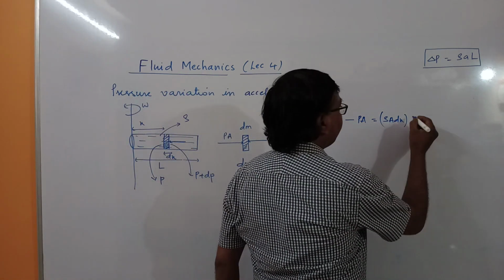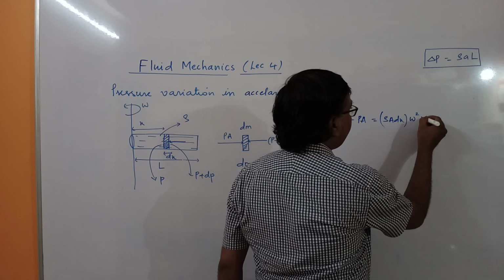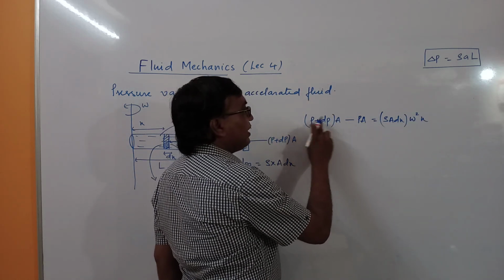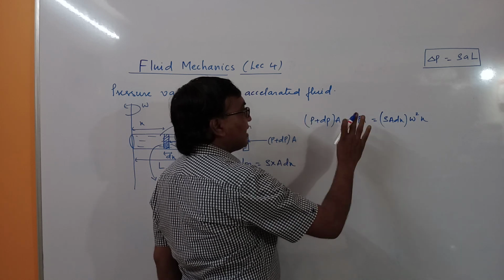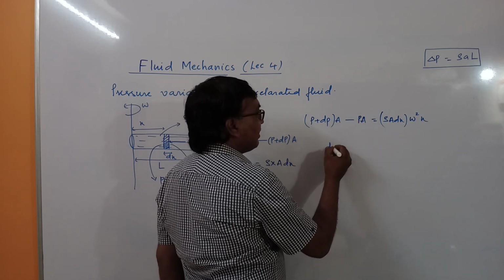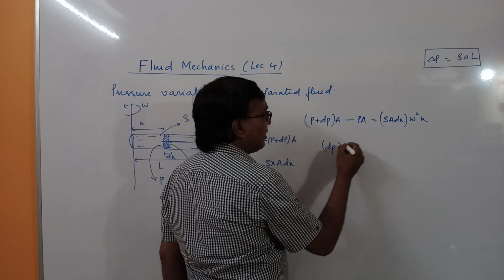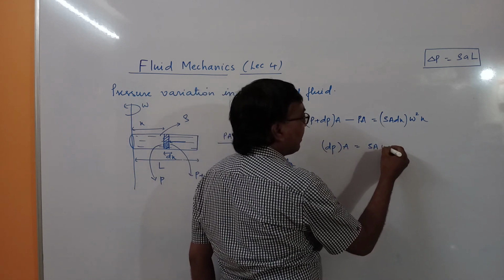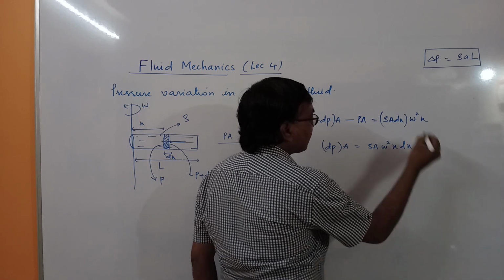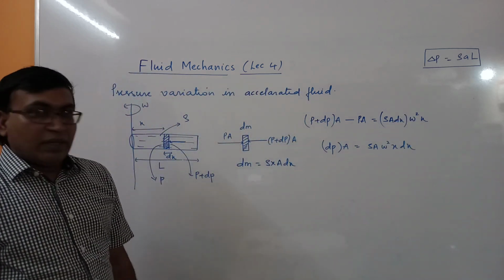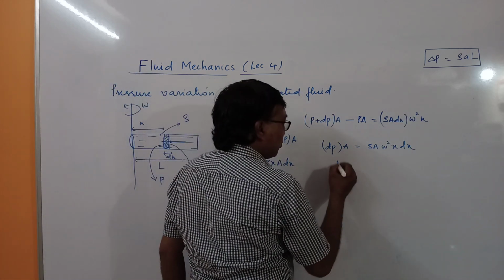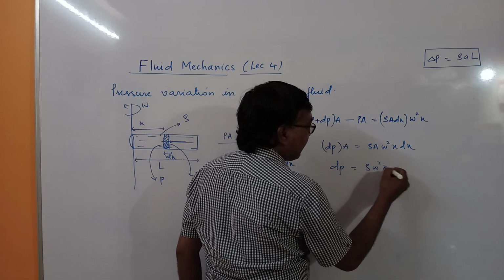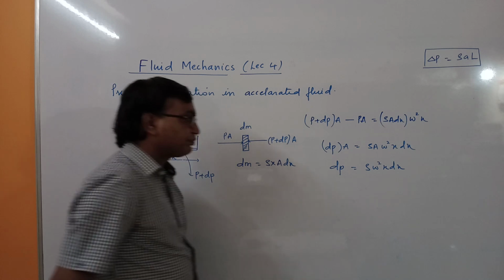So dm into omega square x. Here P into A will cancel out, so we have dP into A equal to rho A dx omega square x. A will cancel. So the final equation we get is dP equal to rho omega square x dx.